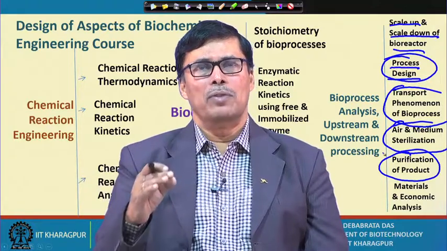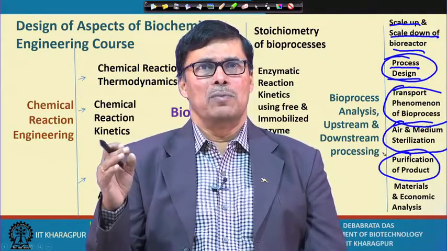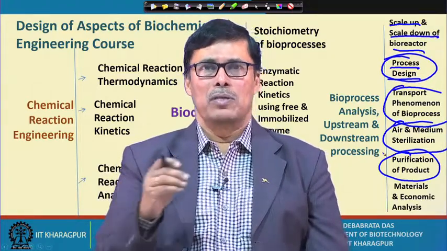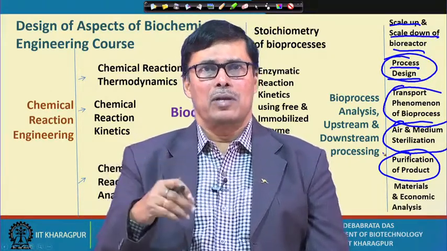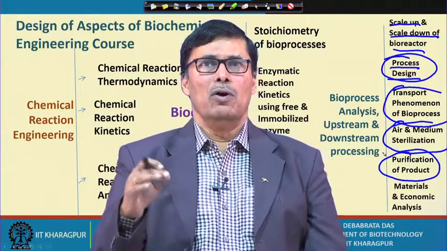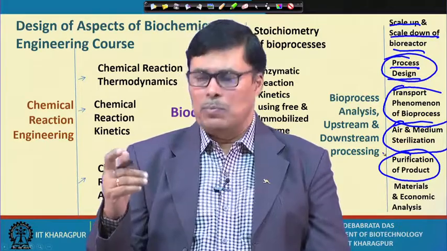So how the different downstream processing can be operated: different filters, solid-liquid separation process, liquid extraction process, the crystallization process, the evaporation process, all we try to explain in this downstream processing.